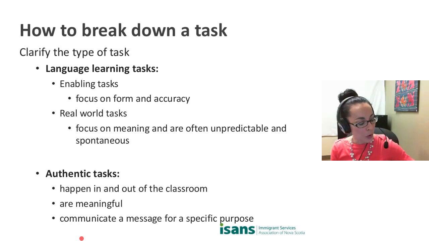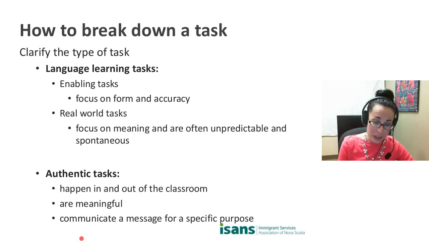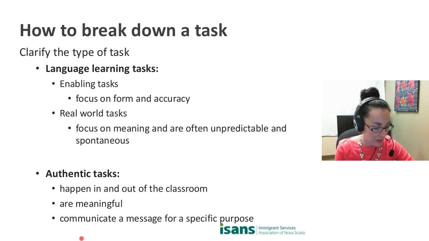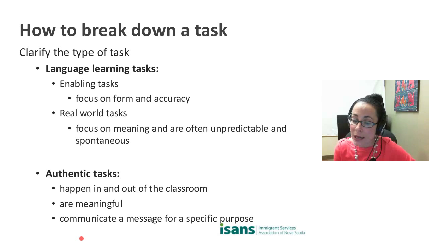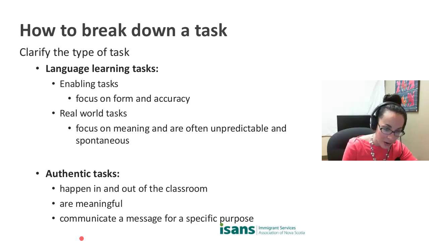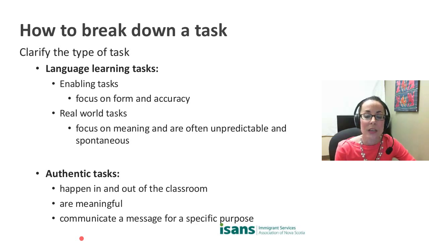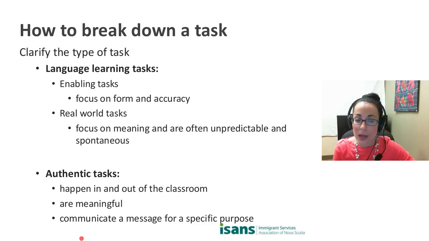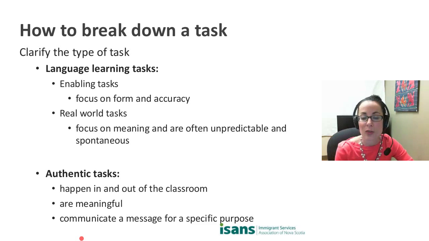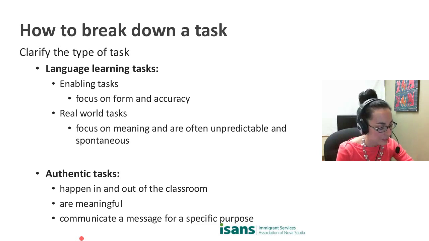Okay, so when we're clarifying the type of task, we might break these down into language learning tasks and authentic tasks. So under language learning tasks, we could break this down a little further into enabling tasks and we define those as tasks that focus on form and accuracy, okay, versus real-world tasks, which focus more on meaning and are often unpredictable and more spontaneous than our enabling tasks.